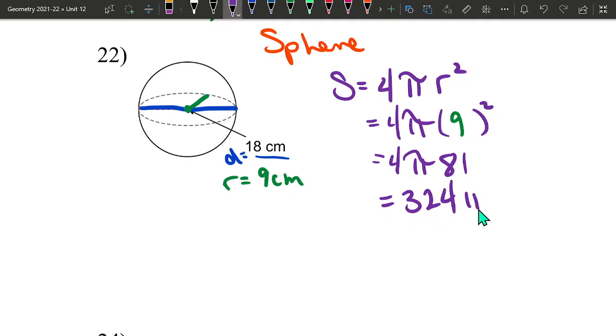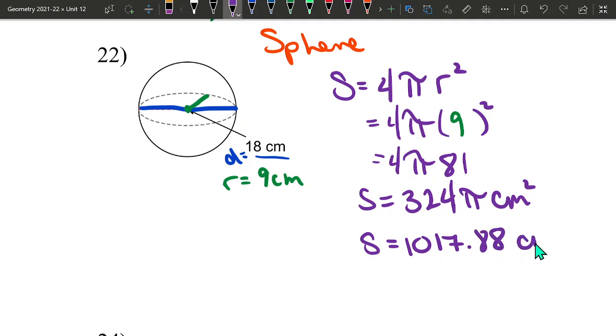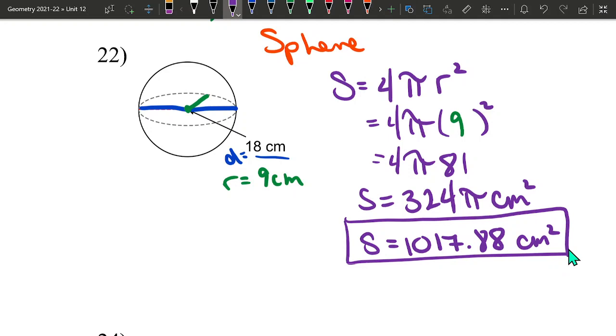So we have 324 pi centimeters squared in terms of pi. Or as a decimal, it would be 1017.88 centimeters squared. All right, so that was a sphere.